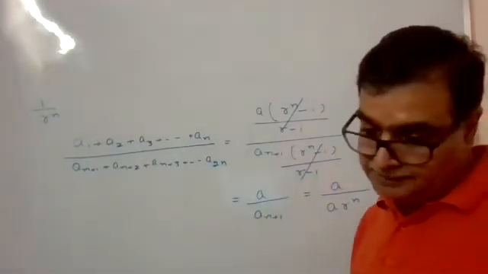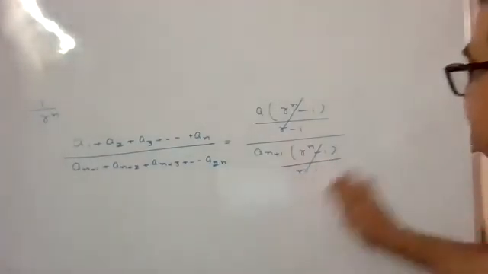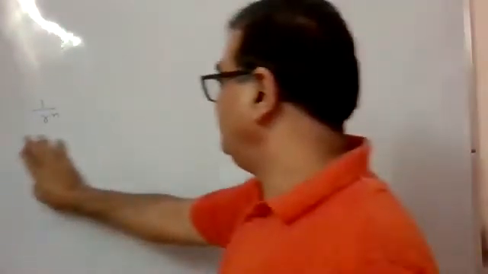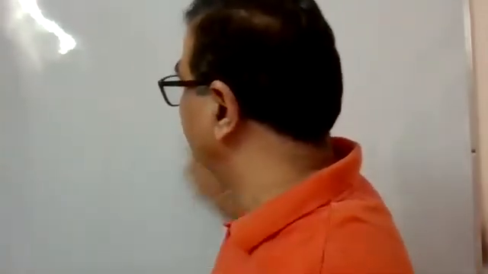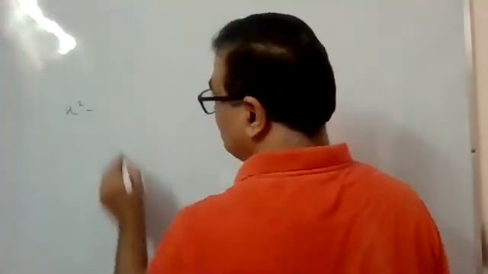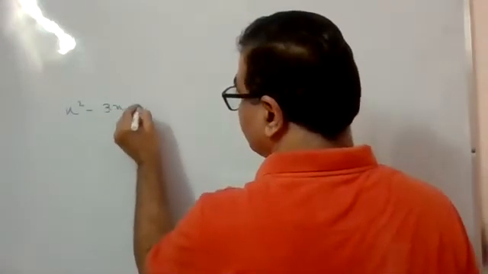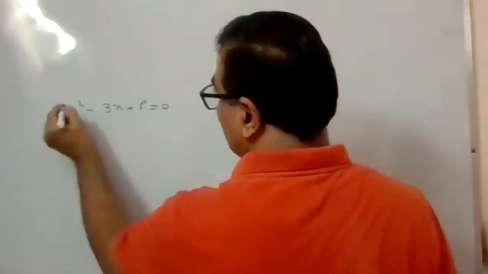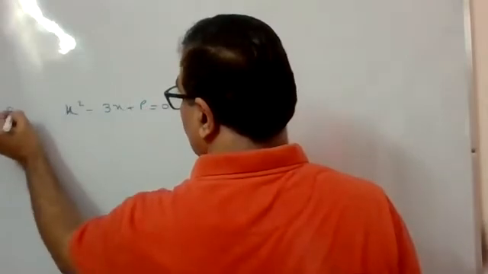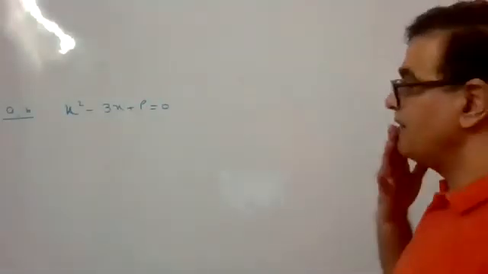Next question please. If a and b are the roots of the quadratic equation x square minus 3x plus p equal to 0, right?